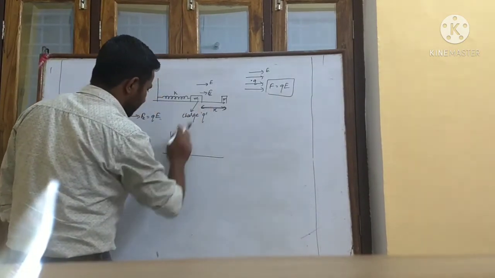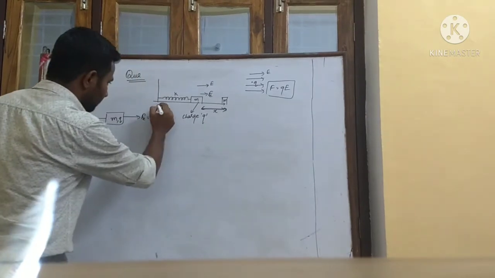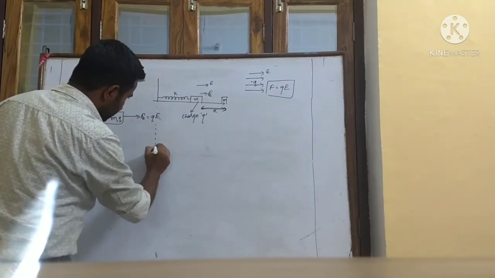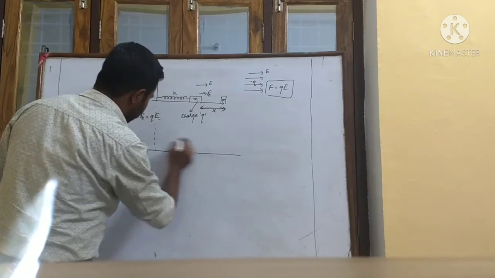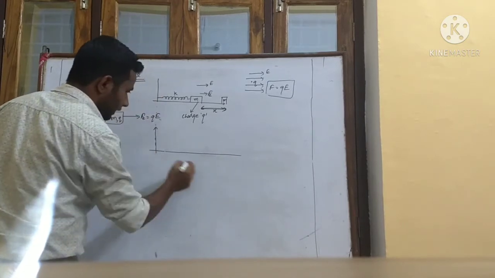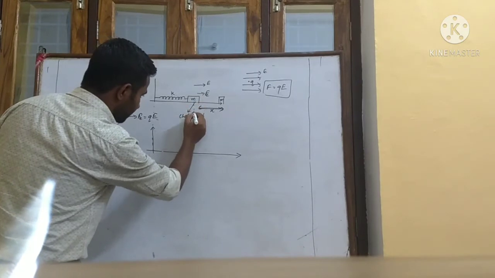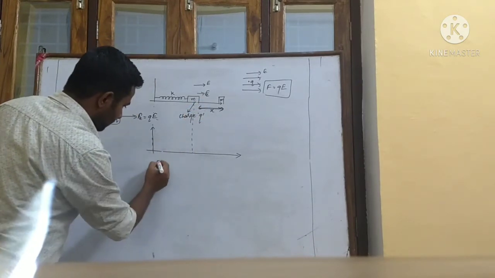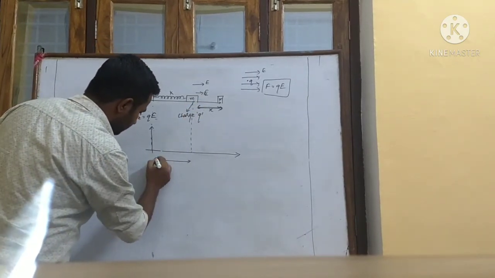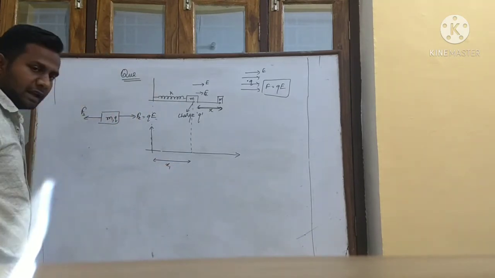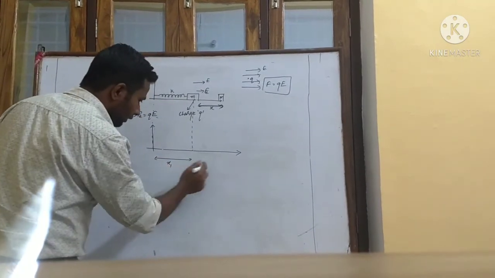Let me draw this just like this, so you will not get any confusion here. So this is the spring, this is the initial position. I am writing this value as x.